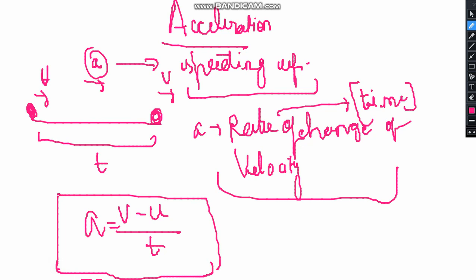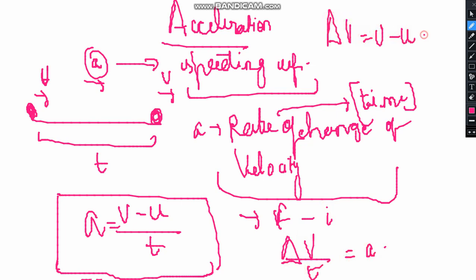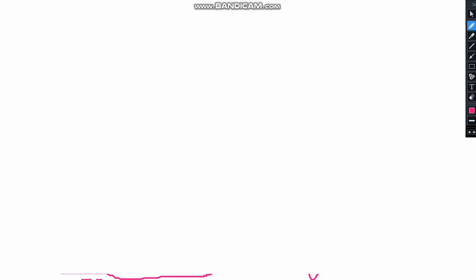What are v and u? Both are final minus initial. The change in velocity by time gives you the acceleration. Change in velocity is v minus u, the final velocity minus the initial velocity. It's very important to understand. So let's deal with a sum.